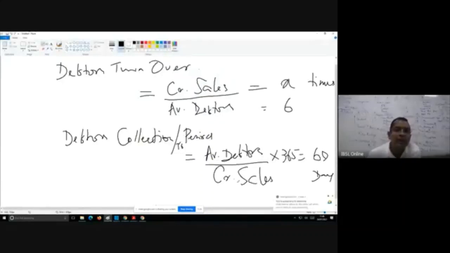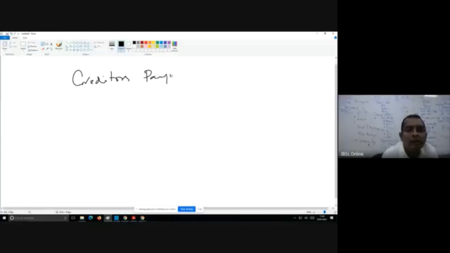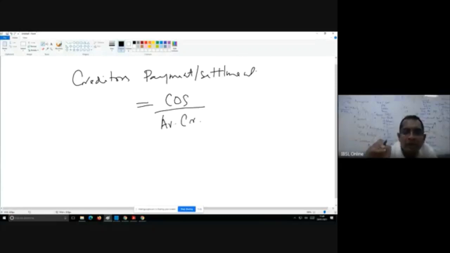Right. So we have the debtor turnover. Similarly, we have creditors payment or settlement, that is equal to cost of sales divided by average creditors.